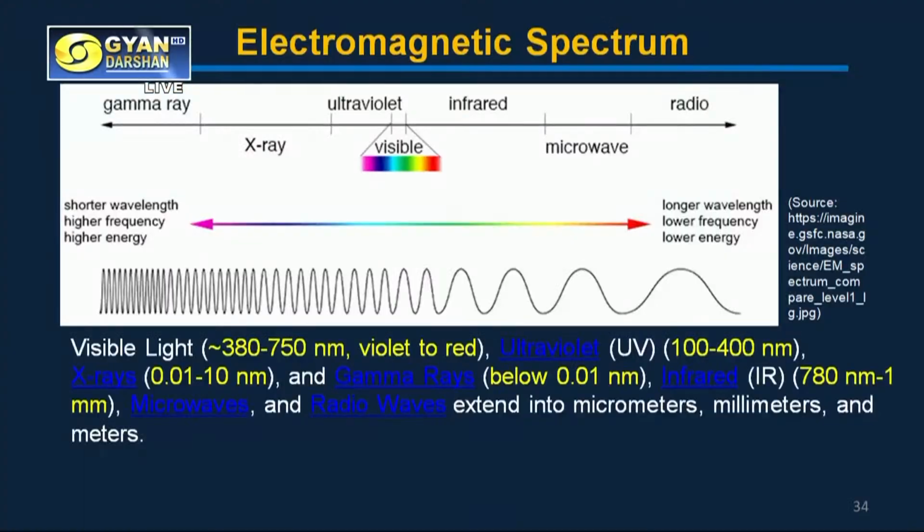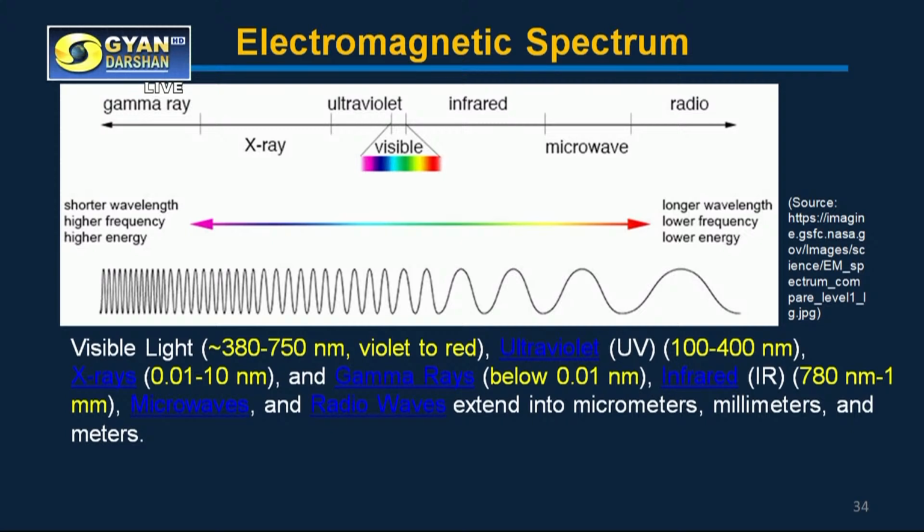The electromagnetic spectrum covers a vast range of wavelengths, with nanometers used for shorter waves like visible light, ultraviolet, X-rays, and gamma rays, while the longer waves like the infrared, the microwaves, and the radio waves extend from micrometers to millimeters and to meters.